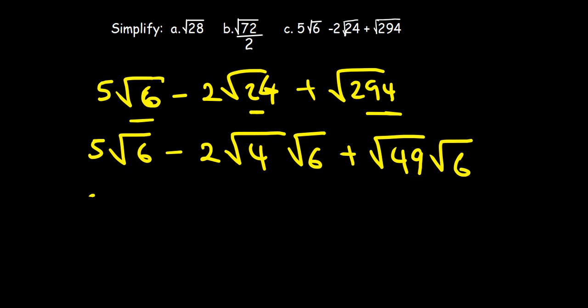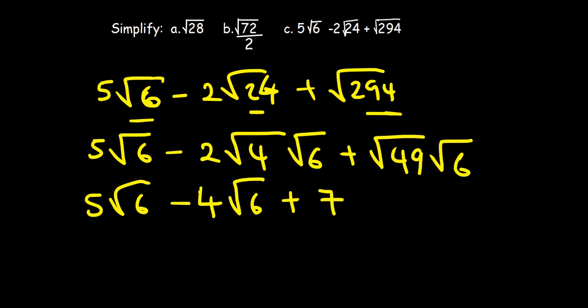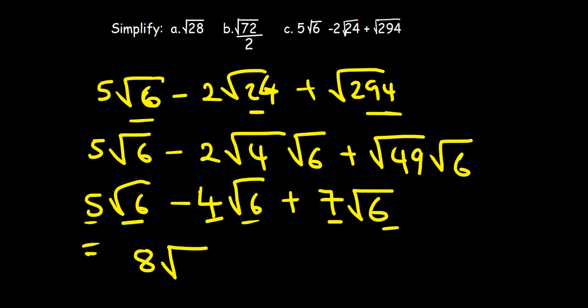So that is going to give us 5 root of 6 minus, root of 4 is 2, so 2 multiplied by 2 we get 4, root of 6, plus the root of 49 is 7, multiplied by root 6. These all have the common root, so you can add the numbers in front: 5 minus 4 plus 7 gives you 8, and then you keep that root there, that will be 8 root of 6.